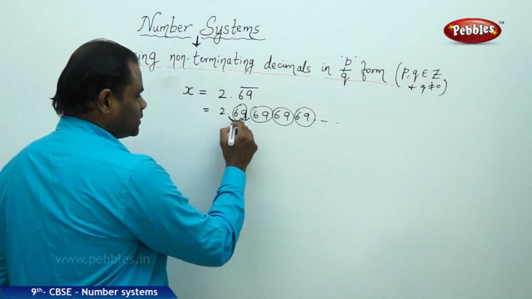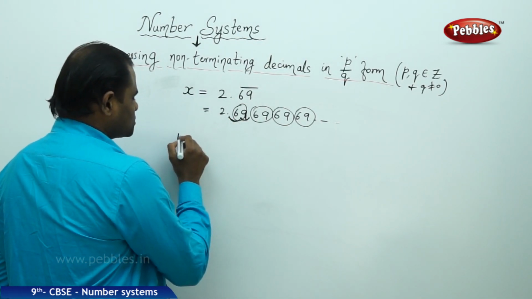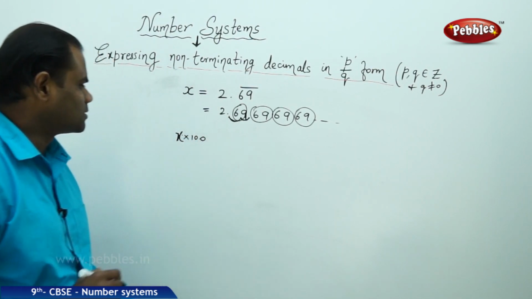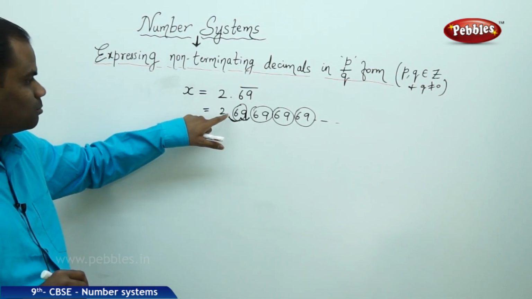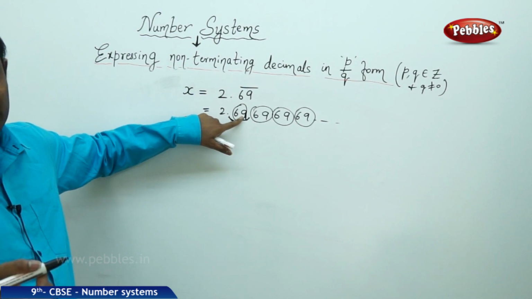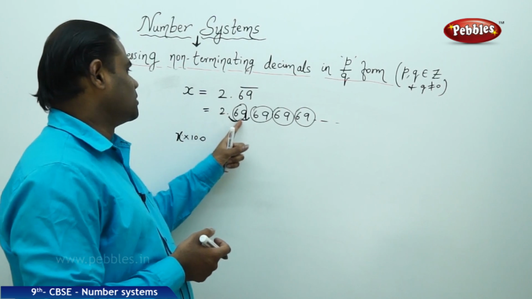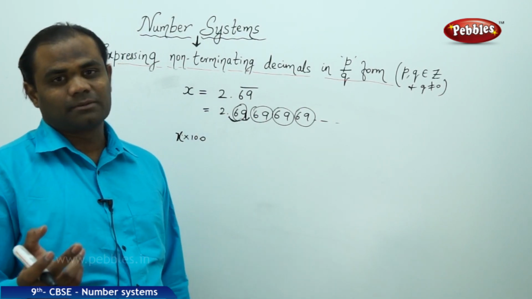The number repeats after every 2 digits, therefore the decimal has to shift twice to the right, which is possible by multiplying by 100 on both sides. If I multiply by 10, the decimal moves only 1 unit to the right, but if I multiply by 100, the 2 zeros make the decimal shift 2 units to the right.